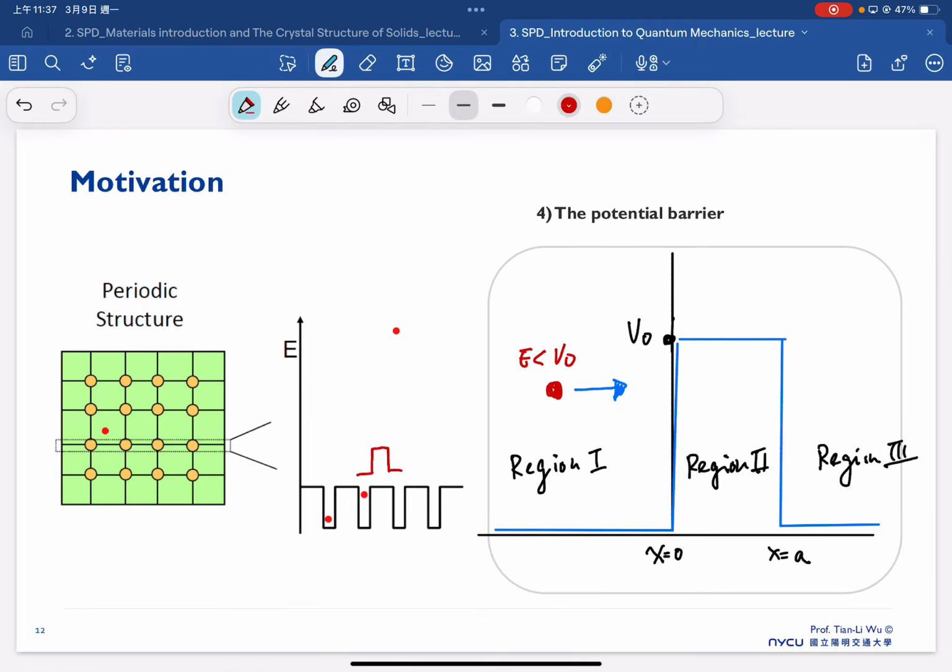But I want to give everyone a big picture of how this scenario goes from 1 to 4, step by step, into the case we are interested in, especially the last case.